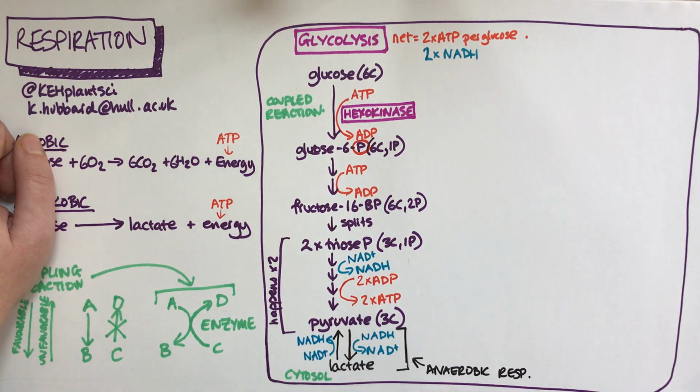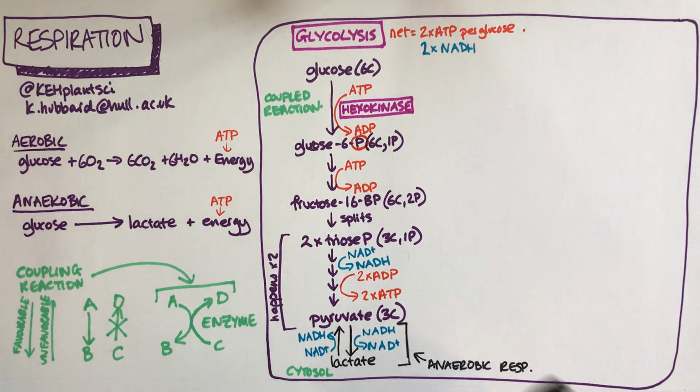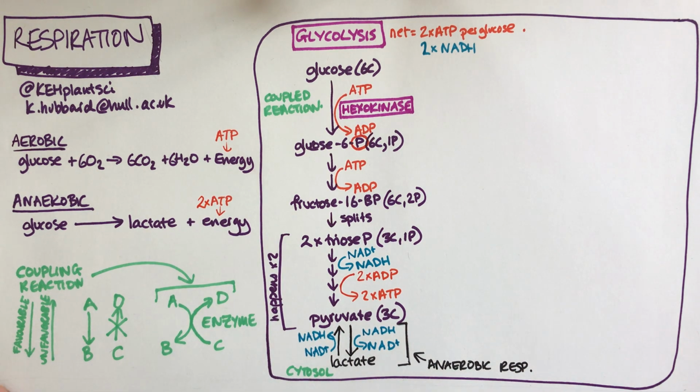So we don't get any more ATP from the system, and we have to do this sort of weird, funny little reaction to keep any ATP going. So anaerobic respiration is really not very efficient. So you actually only get 2 ATPs per glucose molecule. And that's not really very much because we're not really using the whole potential of the glucose molecule.